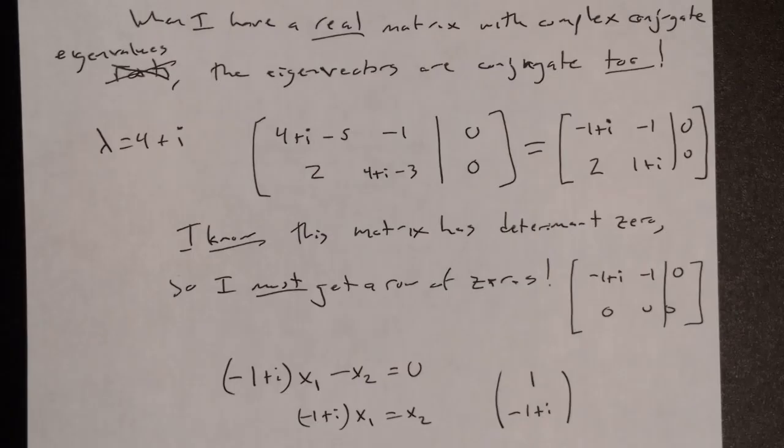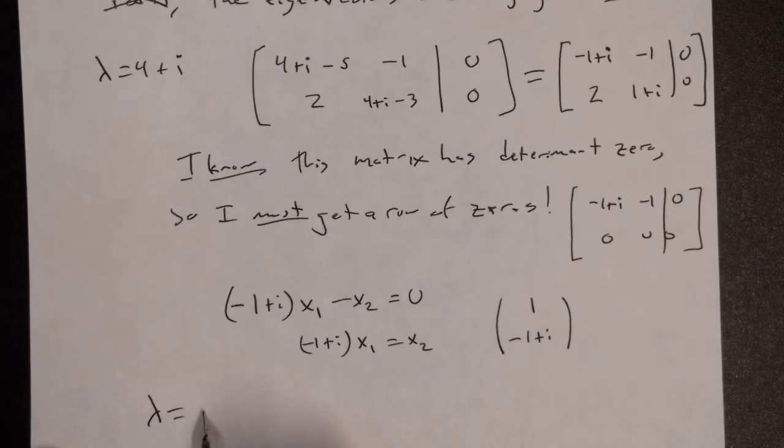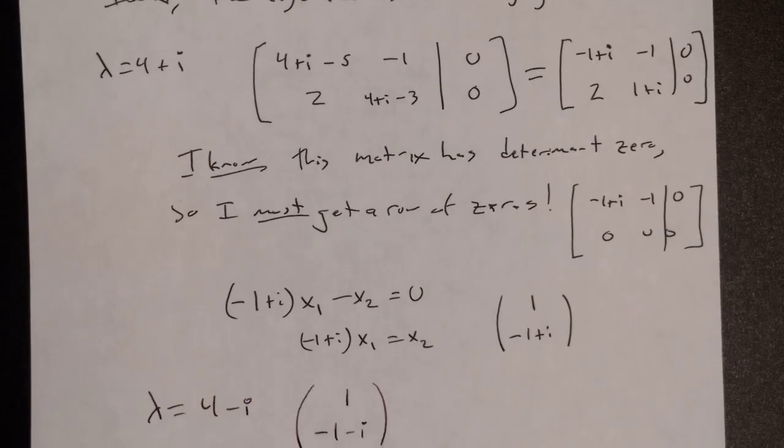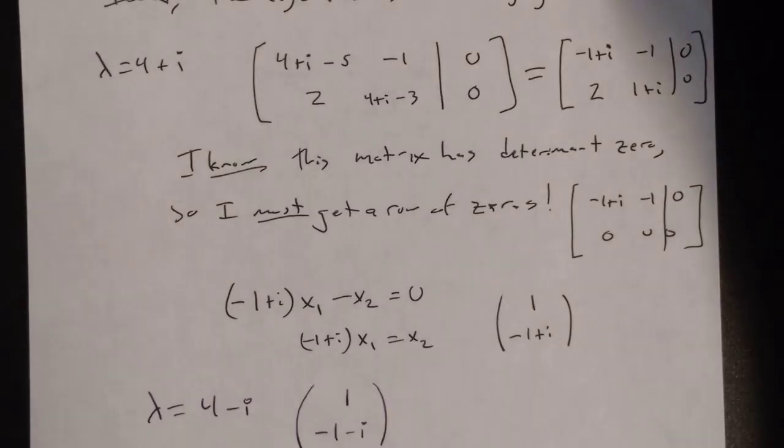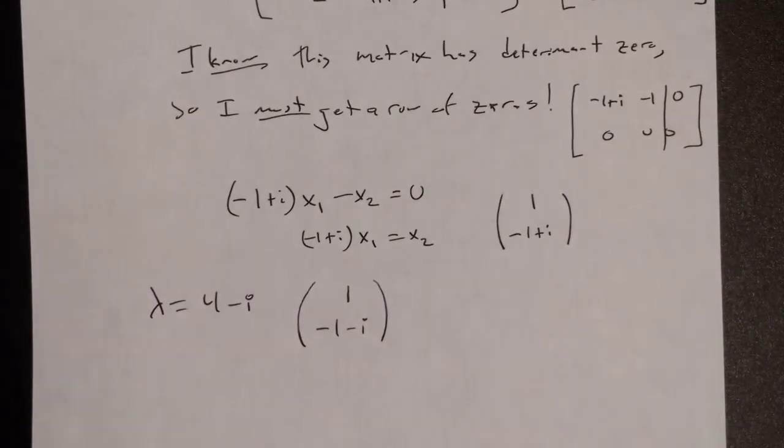And that means that if I do this exact same procedure with lambda equals 4 minus i, the vector I get is 1, minus 1 minus i. The only thing I change is the plus that's between the i changes to a minus. That's it. But I really only need one of them.